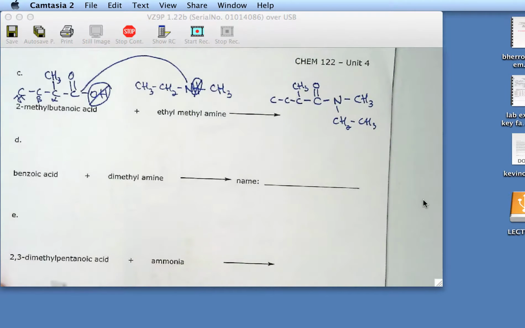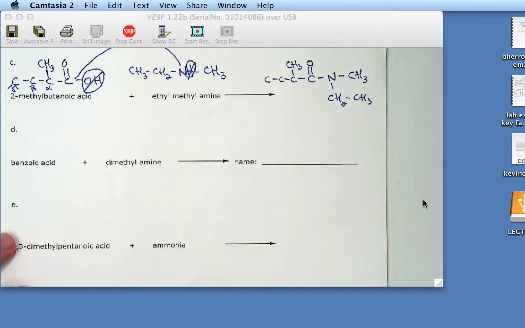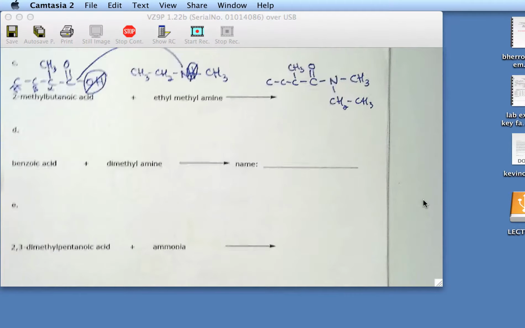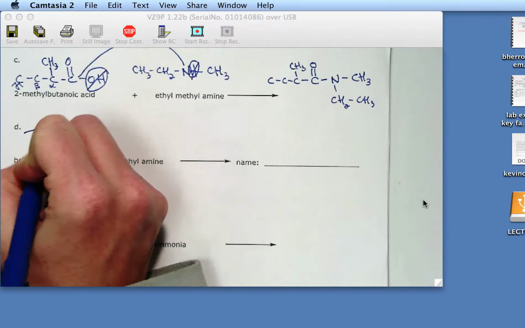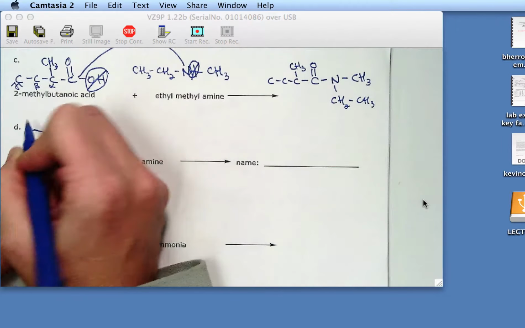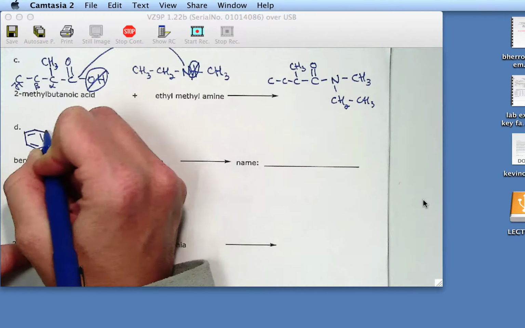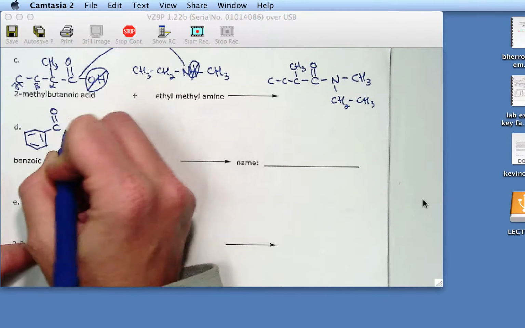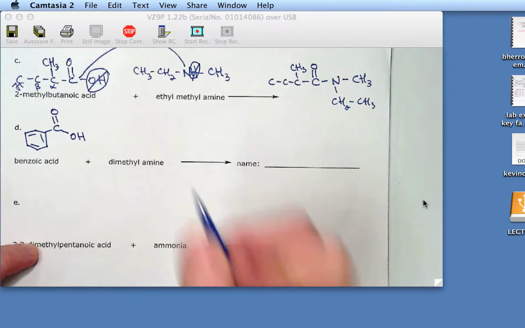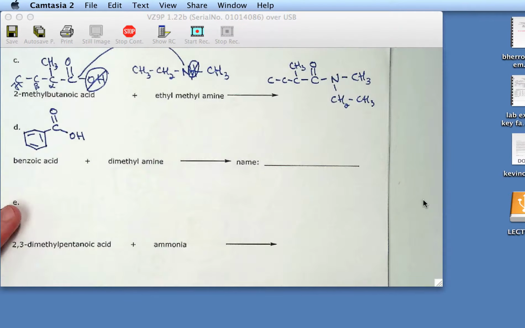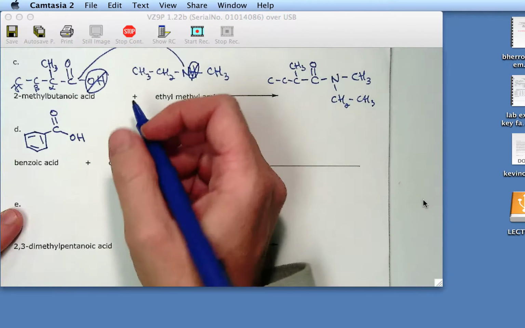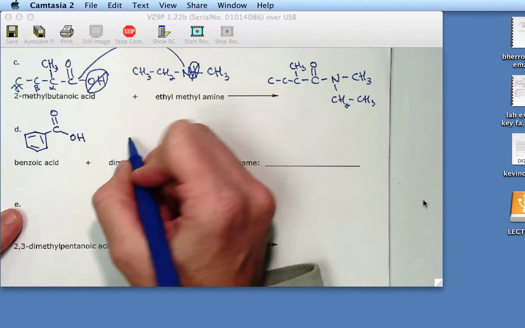What does benzoic acid look like? Benzene ring. And then dimethylamine. What does dimethylamine look like? Two ethyls or two?